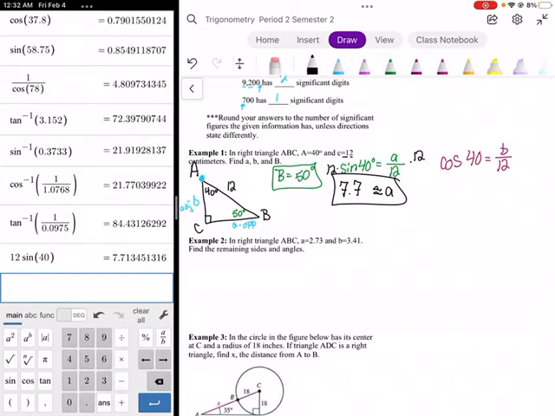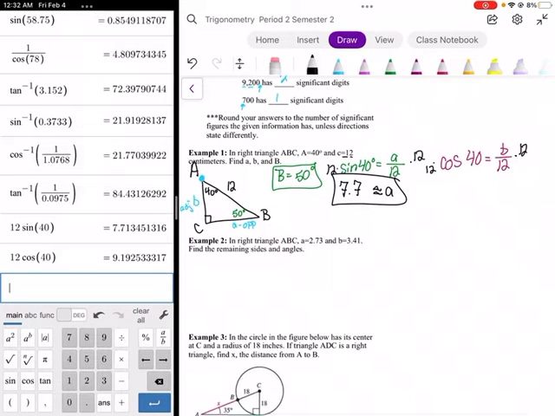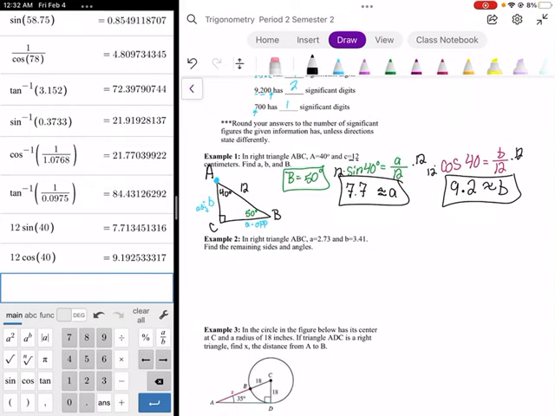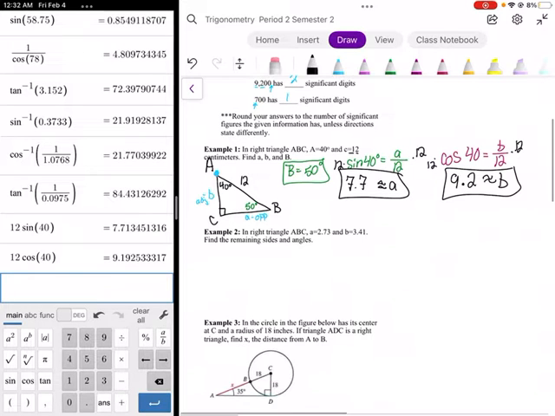And again, we will multiply both sides by 12. 12 cosine of 40 equals, and we're going to round to 2 significant digits, which would make this 9.2, which is about equal to b. For full credit on a quiz or a test for a problem like this, you would have to show all 3 of these answers.